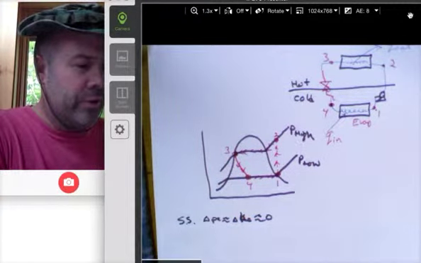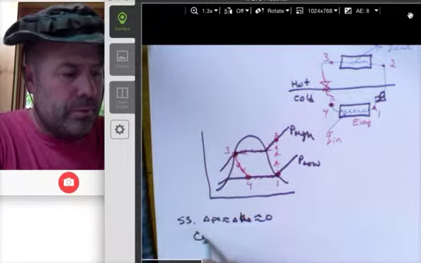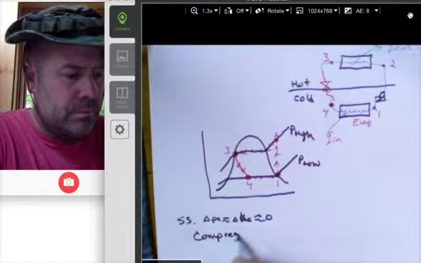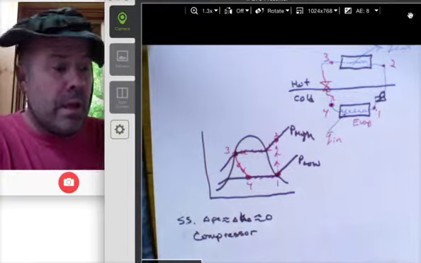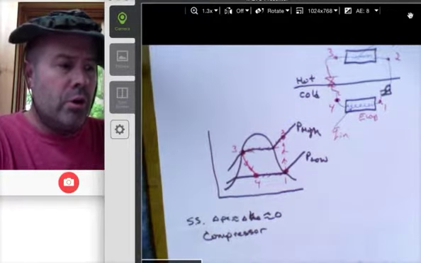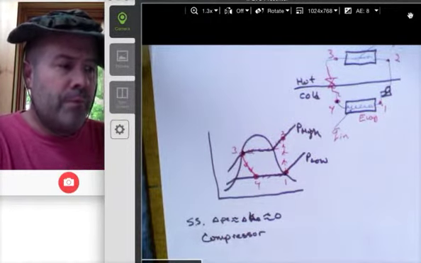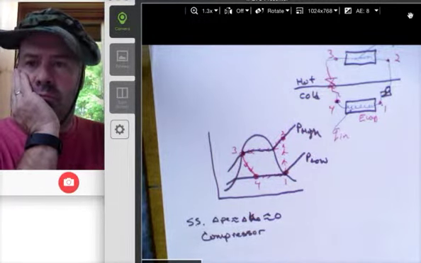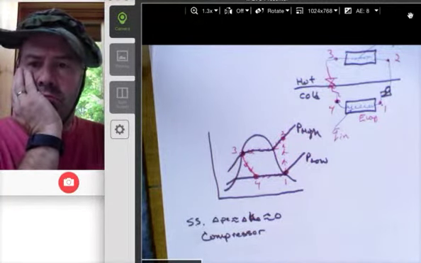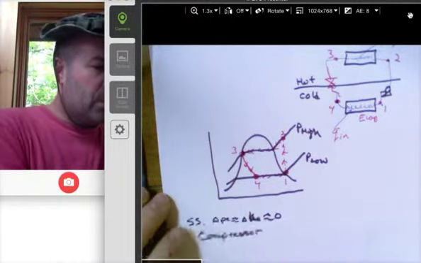Now let's do the same thing for the compressor. I want you to press pause, and I want you to write the first law for the compressor. All right.